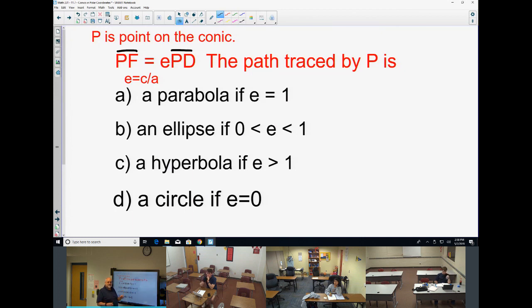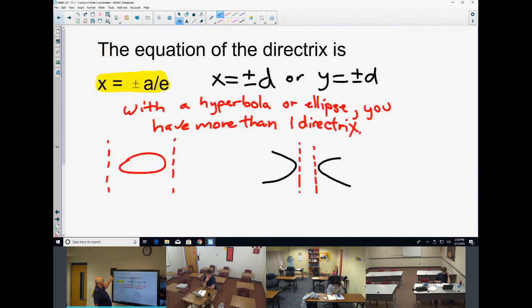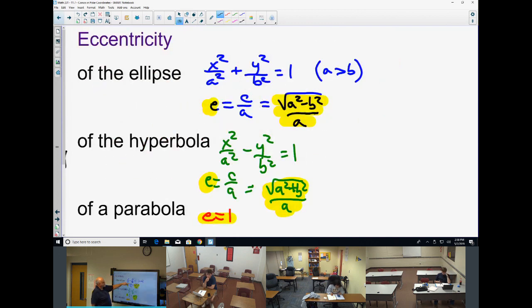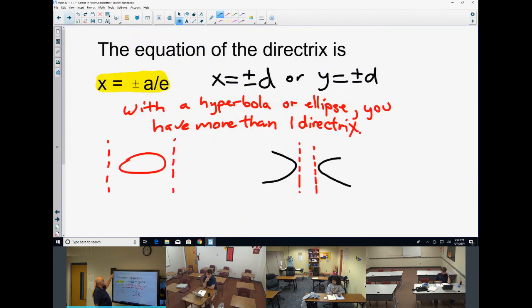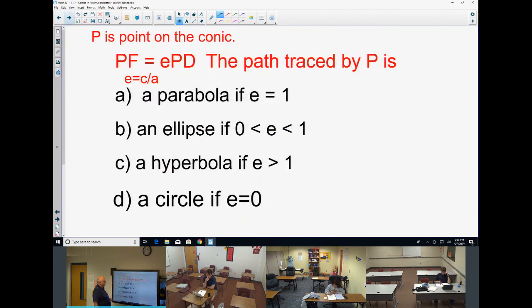It's actually a distance, though, so maybe we shouldn't do that. I guess this is the distance. So the distance from the point to the focus is e times the distance from the point to the directrix. And then the path traced by P is e equals c divided by a. So it's the same formula you did before.